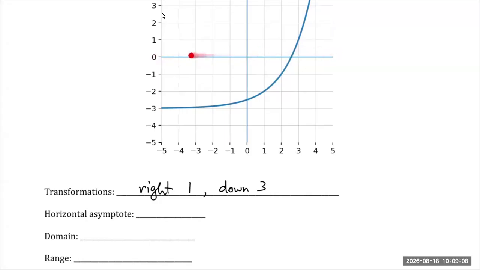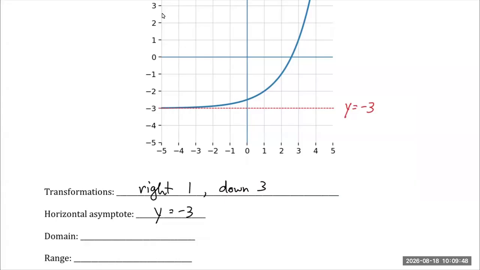But when you shift everything down by 3, that subtracts 3 from all the y values. So that moves the asymptote to y equal to -3. As I explained earlier, if we graph that, we usually use a dashed line. So this is going to be the new asymptote, y equal to -3. Again, down 3 means you subtract 3 from all the y values.